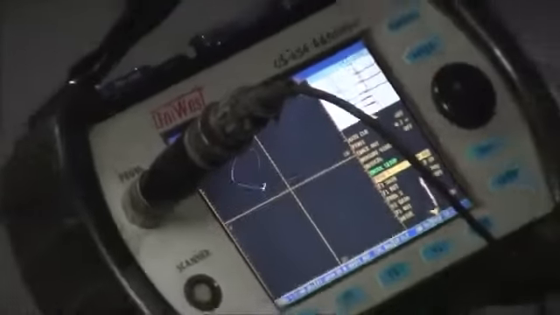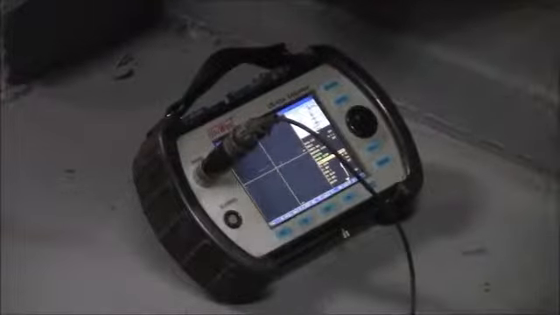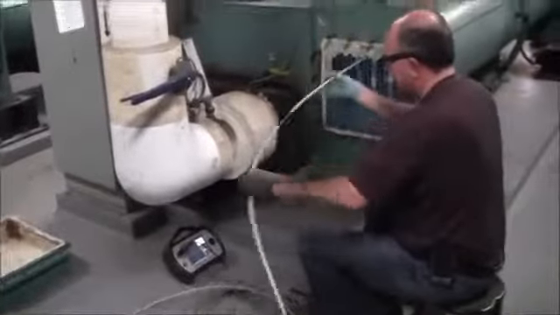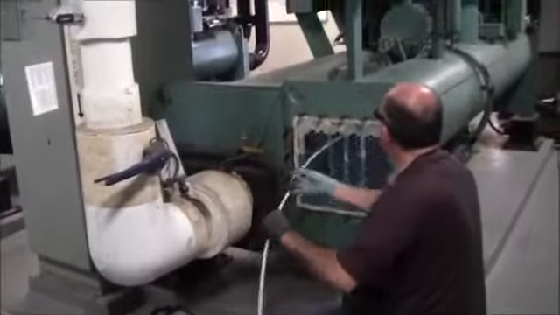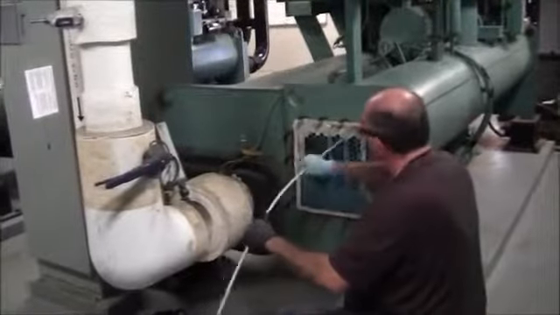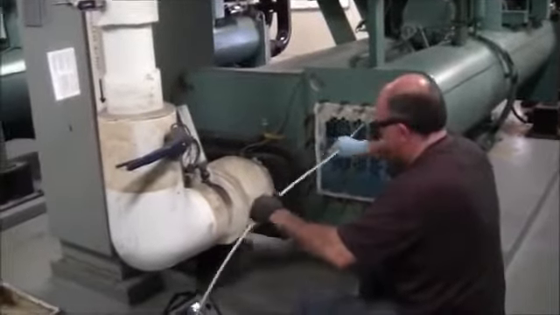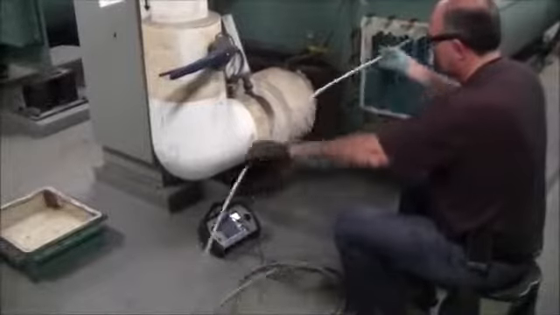This particular machine that does the eddy current testing is not exactly inexpensive. This is about $18,000 for one of these, which is used to determine the life expectancy of the tubes and what's happening with the tubes in your chiller. So that's pretty much what's happening here.